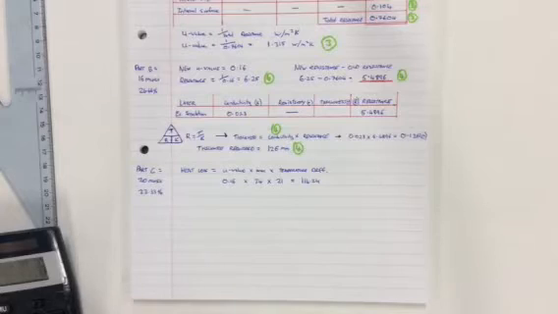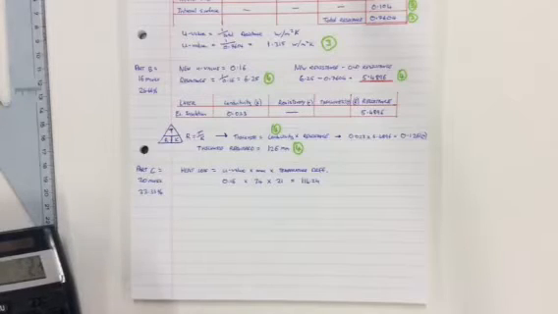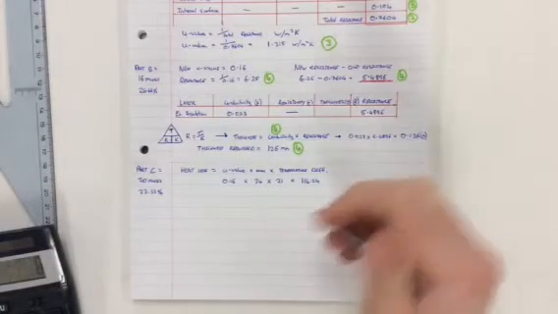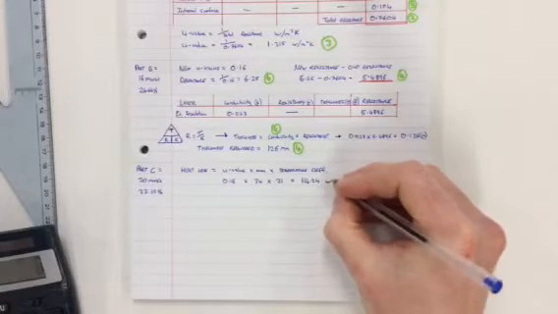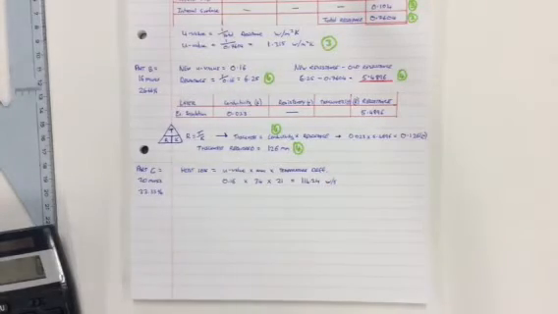I'm just going to put that through again, just to be sure. 0.16 by 34 by 21. Yeah, that's what that gives us. So that's watts per second. So that's the first part.